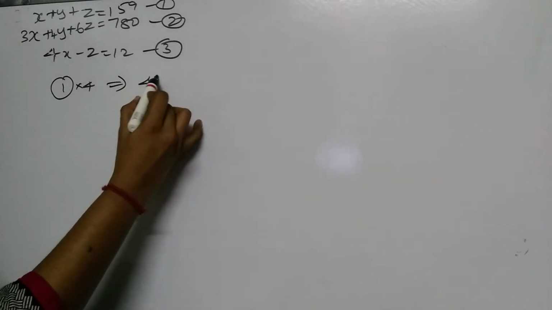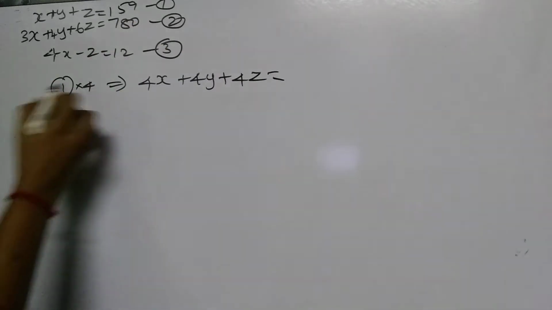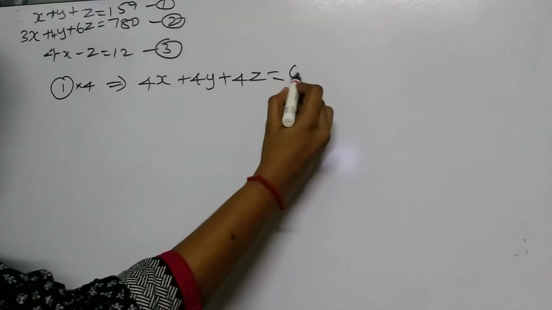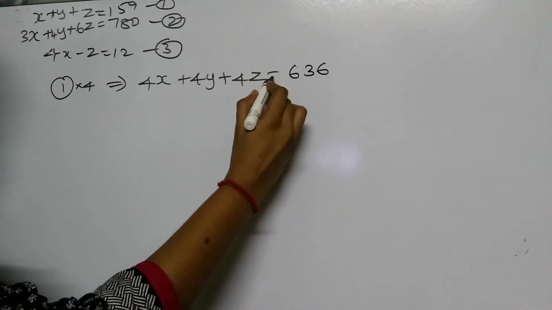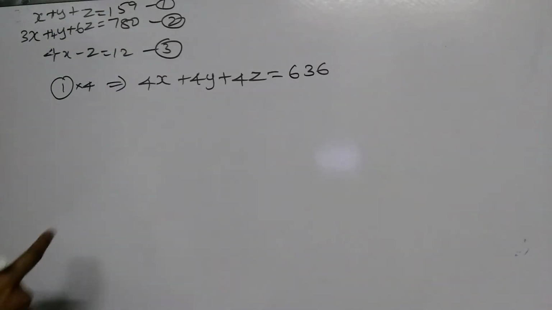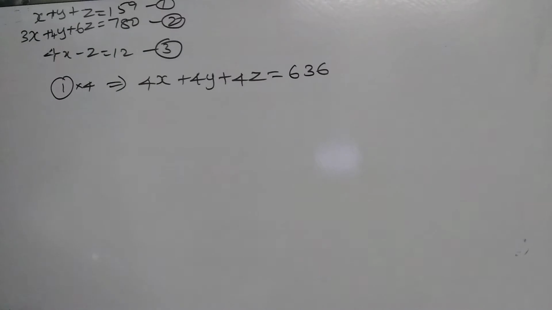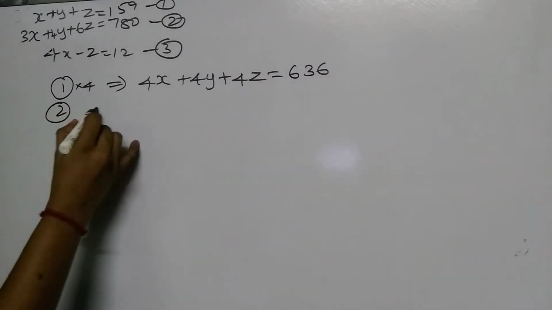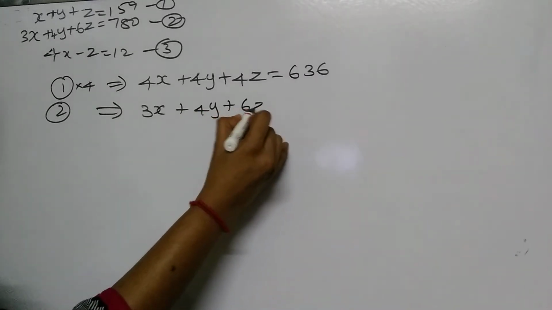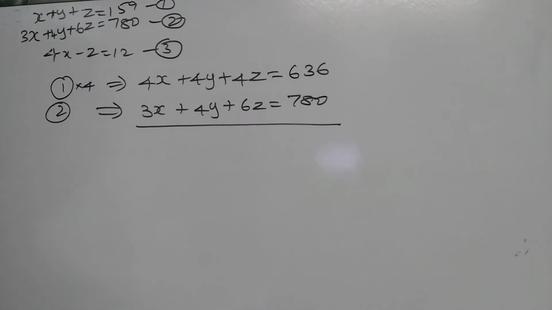So the equation becomes 4x plus 4y plus 4z equals 159 multiplied by 4. 159 multiplied by 4 is 636. Now your second equation: 3x plus 4y plus 6z equals 780.